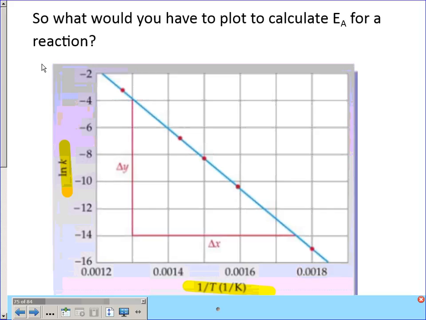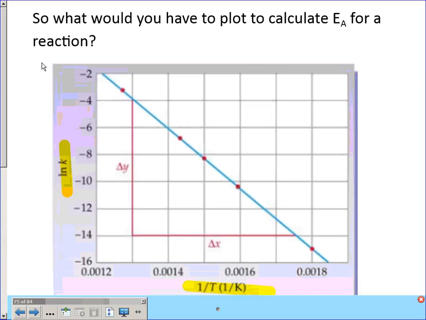Negative Ea over R. So my question here is, you have the rate constants, you have the temperatures. How would you find the activation energy? Negative R times the slope. So multiply by negative R, and the activation energy is then achieved. So you can figure out the activation energy not from little coordinates on a graph, but from a graph like this. You guys ready to try?